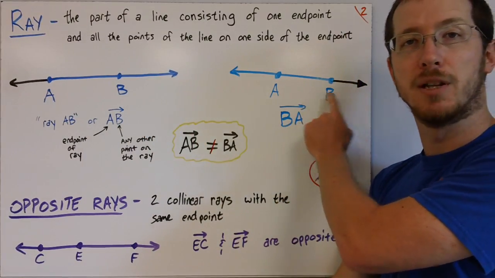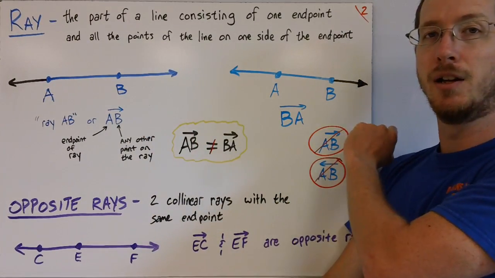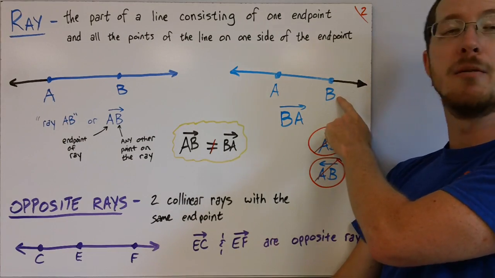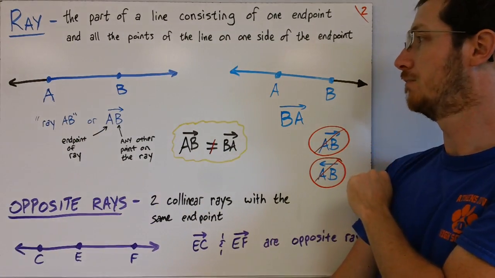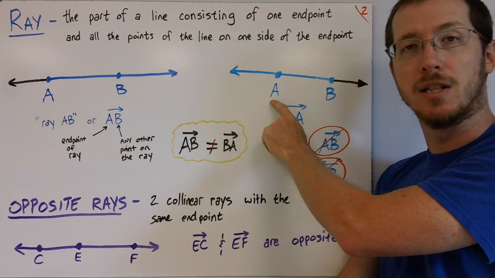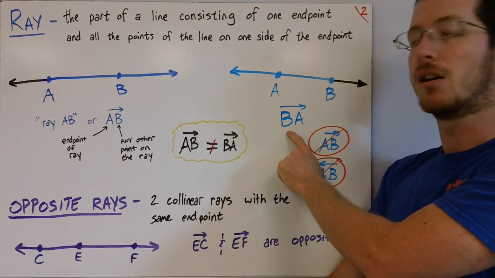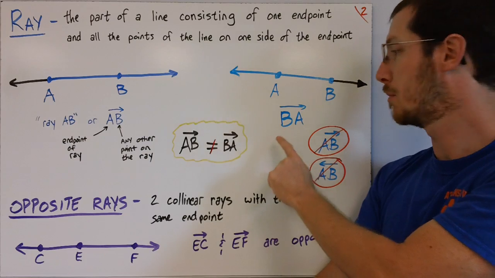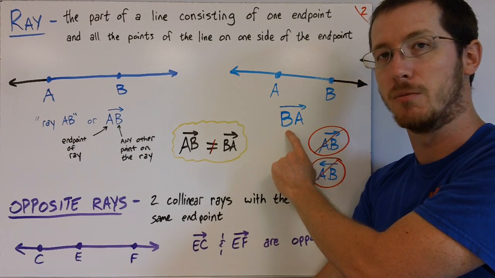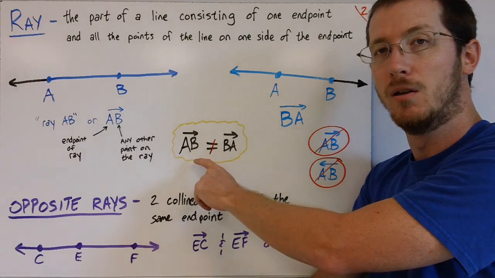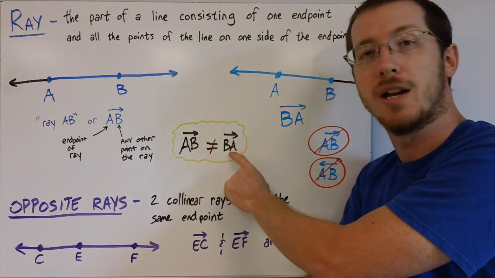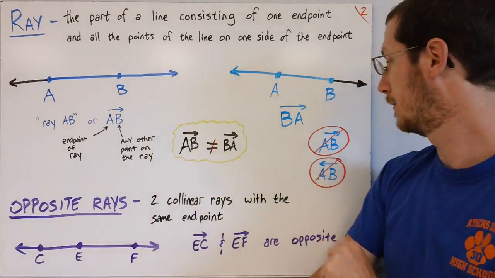Okay, here's another example of a ray using the same line, but notice that this time our endpoint is changed to B. So we've got B and it's going in the opposite direction, where A is part of the ray. So we can call that ray BA. Remember, our endpoint has to be the first letter when we use symbolic notation. Okay, so ray AB will never be the same as ray BA in a particular diagram.